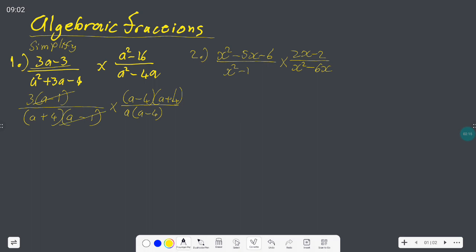So that means I group them. They are already in one term, so they can cancel out. And then on this side, what can I cancel out commonly? A minus 4 and A minus 4. Good. This already makes it a lot easier.